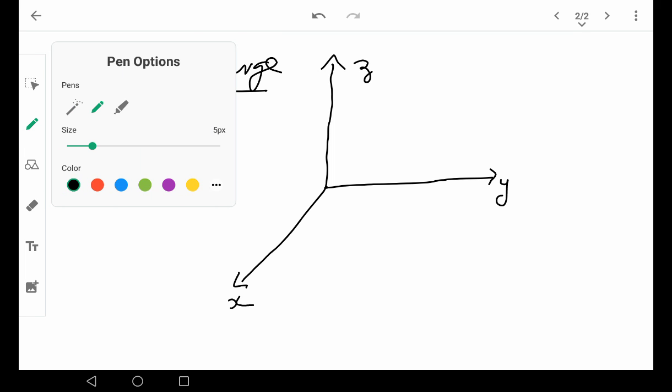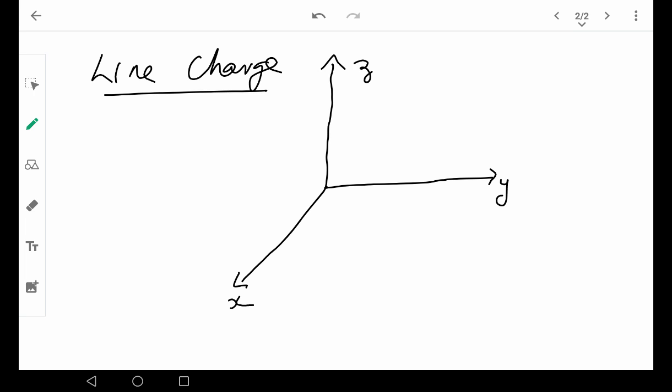Now I will mark a particular point, point A, and this point is B. Let us draw a vector from here to here. I think I'll draw this more clearly, then it should be clearer.